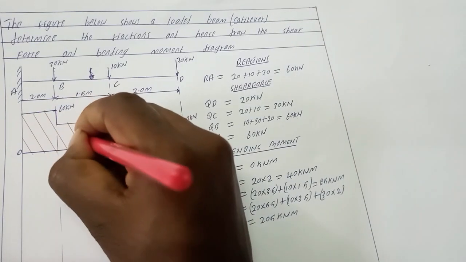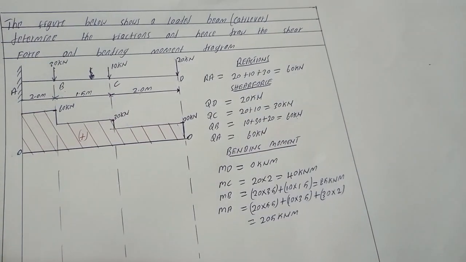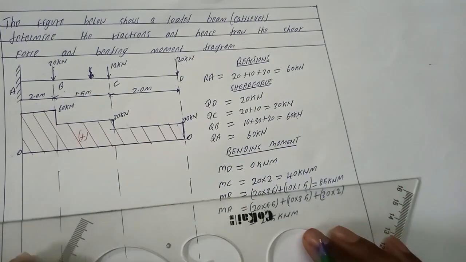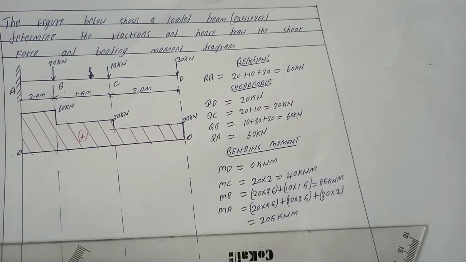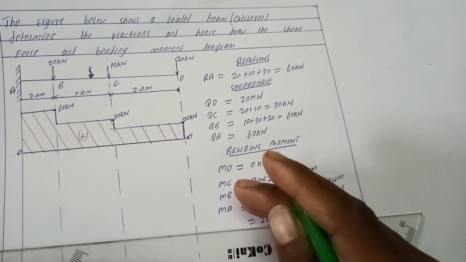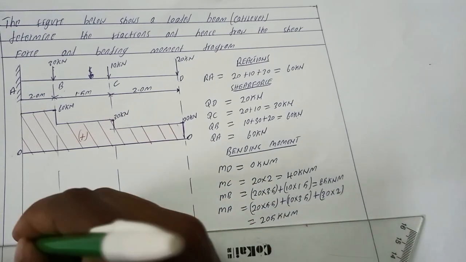So it's positive. So that is the shear force diagram. We can now sketch the bending moment diagram. It's not to scale.